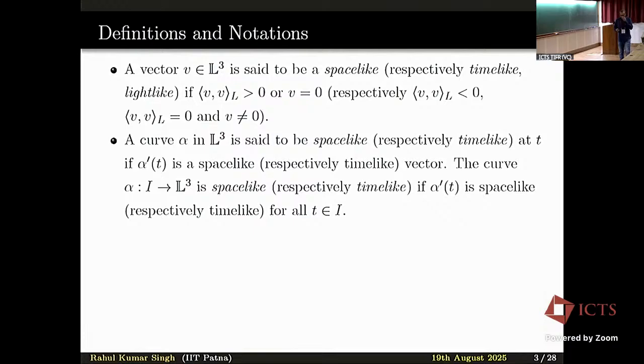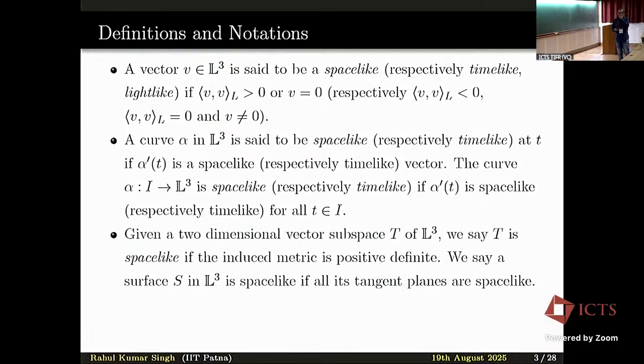Before that, what is a space-like curve in L3? We say a curve is space-like if the tangent vector at every point of this curve is space-like, and it is time-like if the tangent vector at every point is time-like. Now suppose we have a two-dimensional subspace T of L3, where L3 means R3.